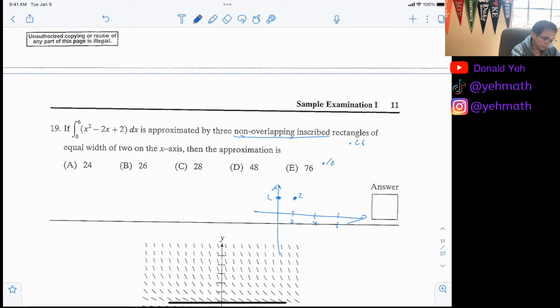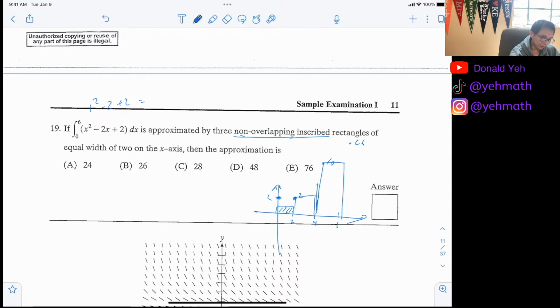So what happened at 1? 1 squared minus 2 plus 2 is 1. So you're going to use this rectangle right here. You want to make sure it's an under approximation, so use the smallest height because they want it inscribed.